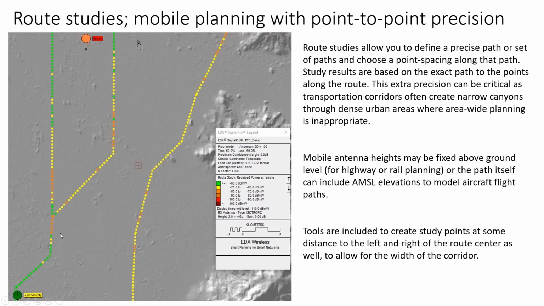And we also include a utility tool that can take the description of the track or the highway path and put another study line just to the left of it and just to the right of it, so that if you know your right-of-way is so wide and you want to be able to guarantee coverage down the center and also at some distance to either side of the track, then we can extract out those additional points and make your study so that it is basically 3 lines of points along here.